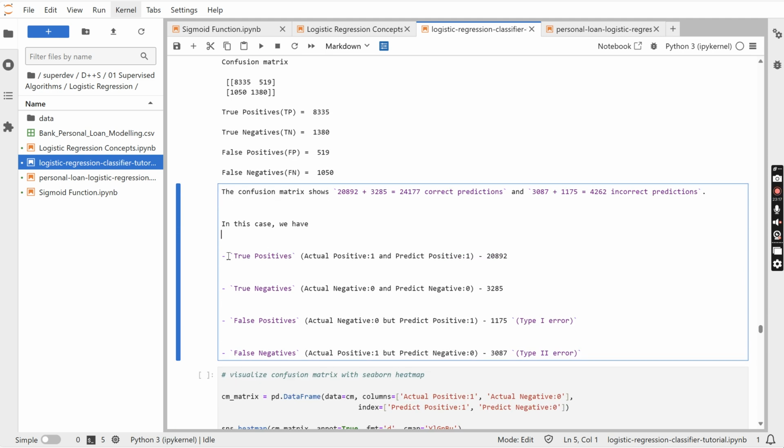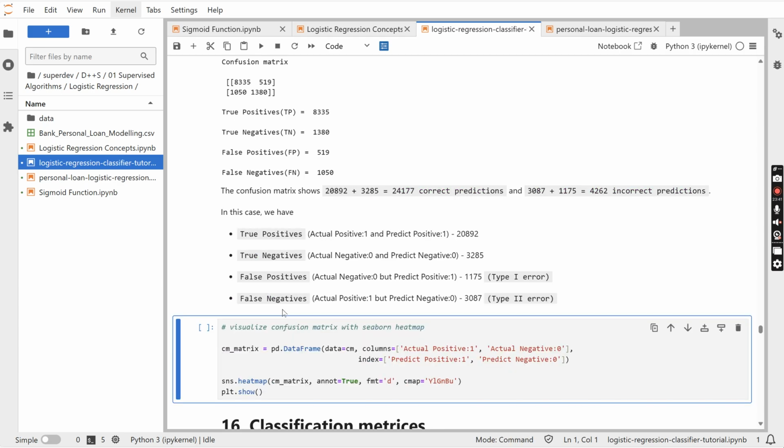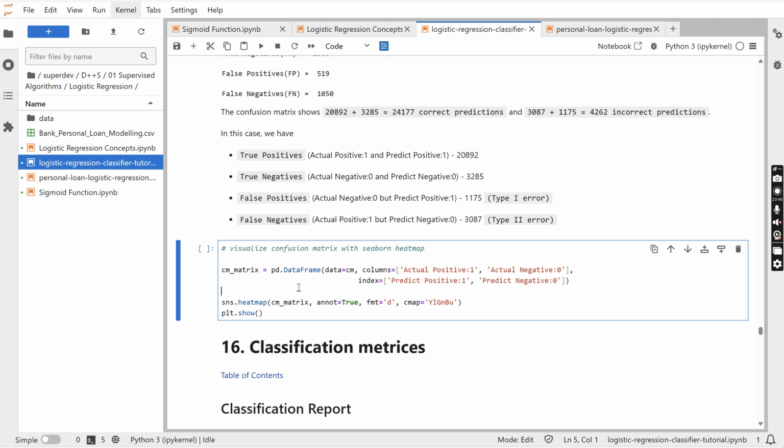Actual means you have to get this right. Actual means what the reality was and what the model is saying, both should be the same. That is actual. For example, what the model said as no and in reality it was no.